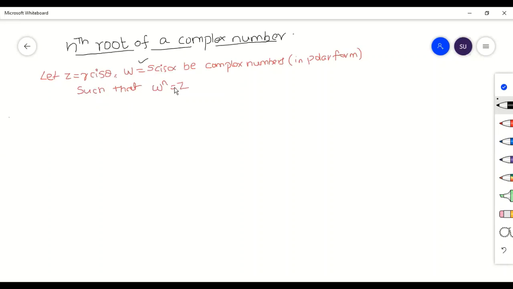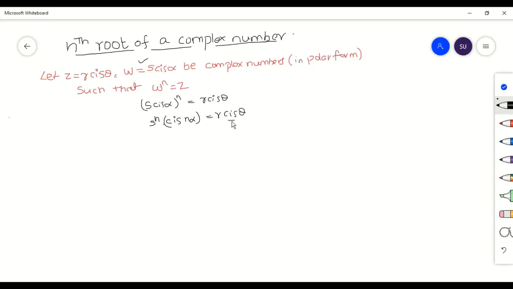Now we substitute w, that is s cis alpha whole to the power n is equal to r cis theta, that is s power n into cis alpha whole power n, which by De Moivre's theorem will be cis n alpha, is equal to r cis theta.